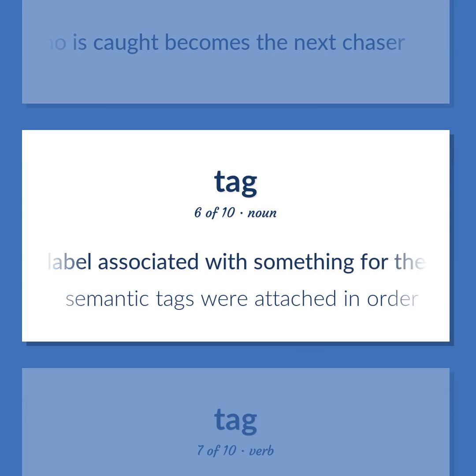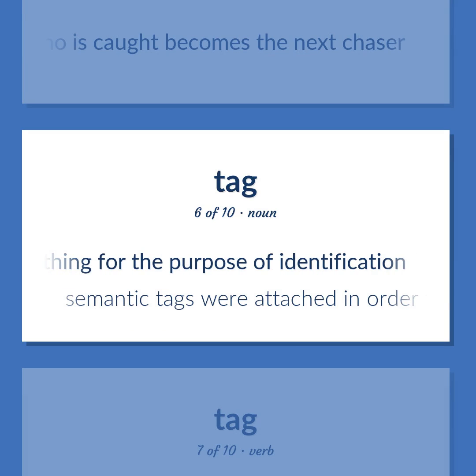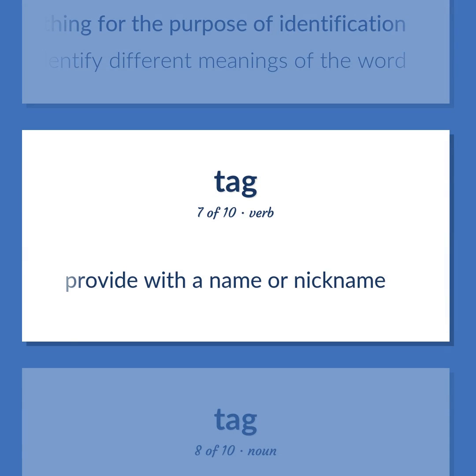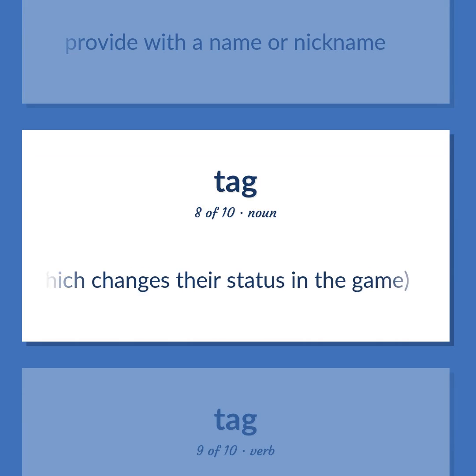A label associated with something for the purpose of identification. Semantic tags were attached in order to identify different meanings of the word. Provide with a name or nickname. Sports. The act of touching a player in a game, which changes their status in the game.